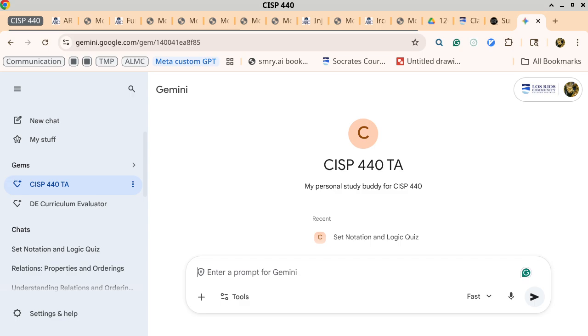Now, if you're in a different class where the reading material is copyrighted, then you have to be more careful. Whether you are allowed to use the reading material in this way can be dictated by the copyright of the material that you're given.